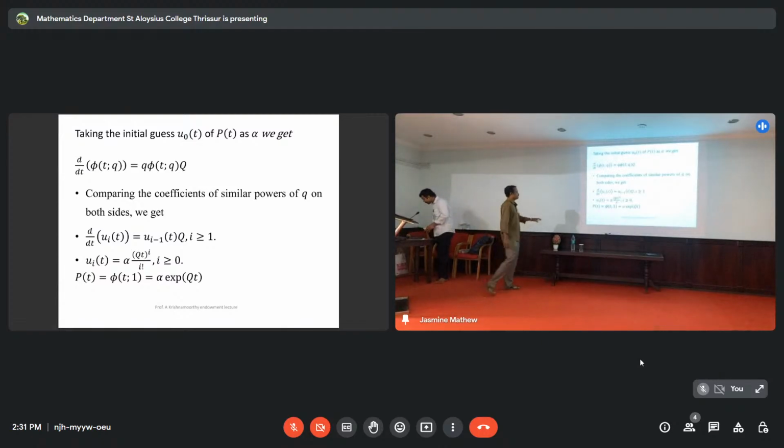Now p(t), the solution, is equal to phi(t, 1), that is, when q becomes equal to 1.